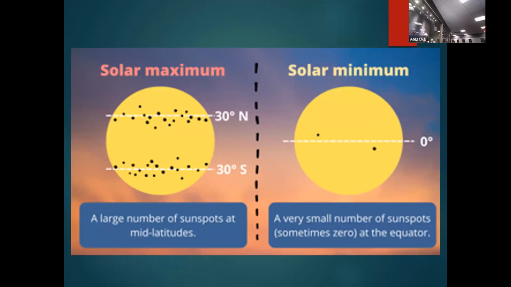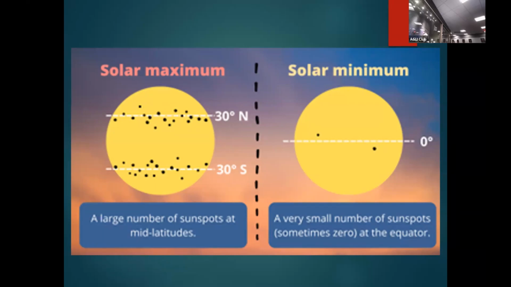Gradually, as the cycle progresses, they get closer to the equatorial region, and that leads to the solar minimum. That's when the new cycle starts, with very few sunspots along the equatorial region. Then the new cycle starts up high again and heads toward the solar maximum.